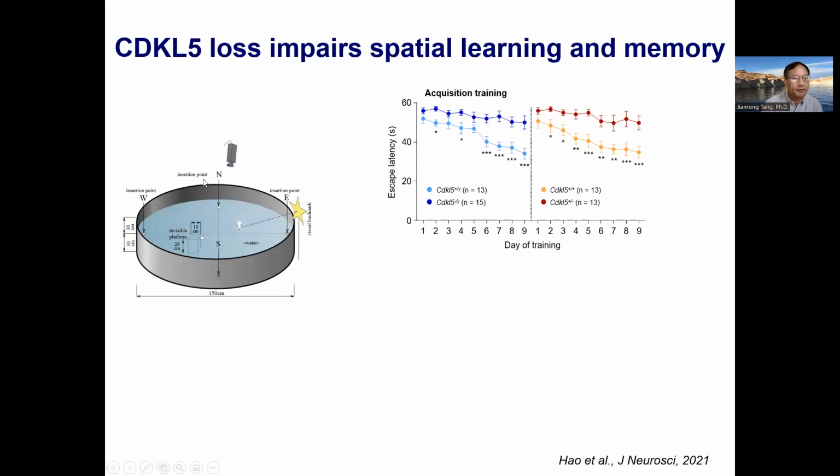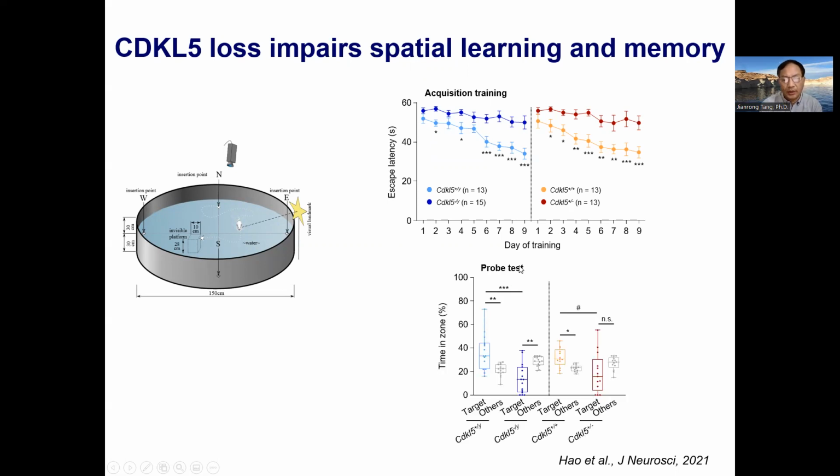Next, Song used the Morris water maze, a highly hippocampus-dependent learning and memory task, to evaluate the memory behavior. So this is the training data. Compared to the male wild-type and the female wild-type, the mutant mice need longer time to locate the platform during the training.